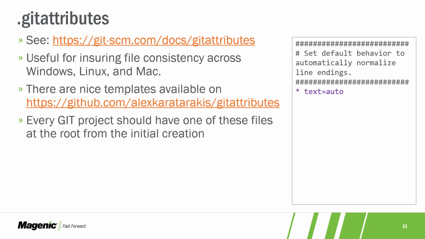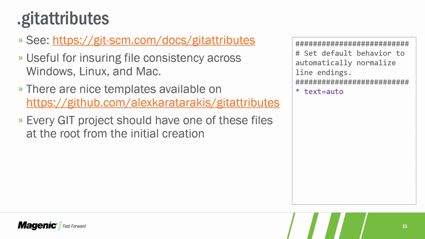Gitattributes is all about telling Git how to deal with, among other things, file extensions. And probably the single most important thing is, these days we are doing our development on Macs and Windows machines and Linux machines, and all these operating systems have very different ideas about what a proper line ending is, right?